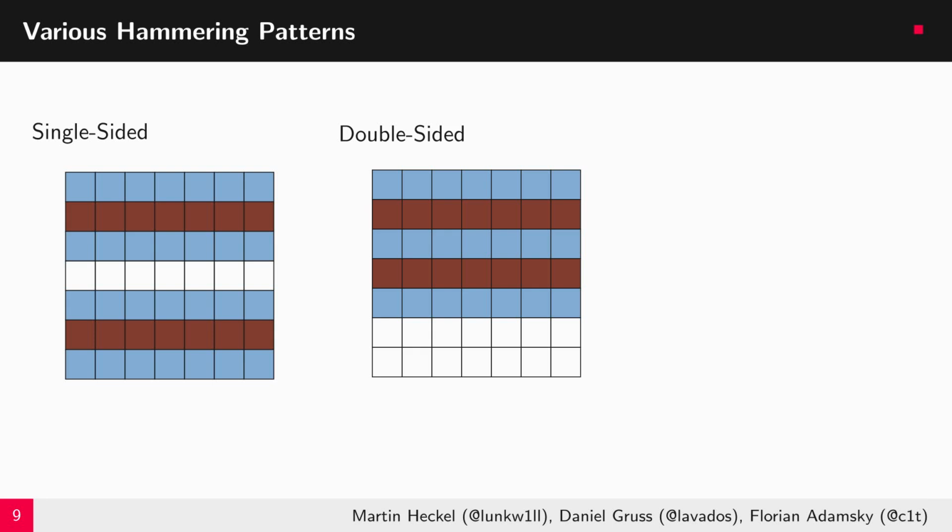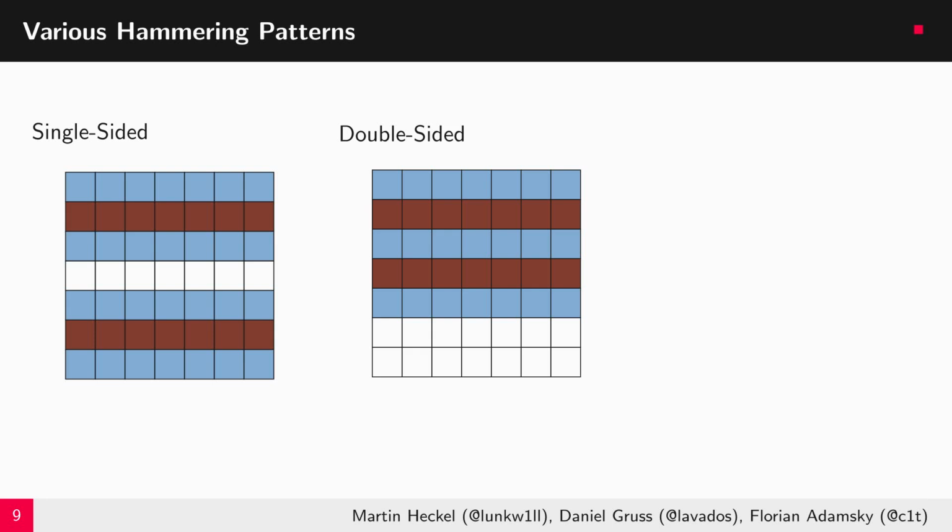With double-sided hammering, they described a technique which is more targeted and closer to the 2014 paper, where you really specifically hammer 2 memory locations that sandwich another row in which you want to induce bit flips. But the bit flips might also occur above or below those rows that you hammer.